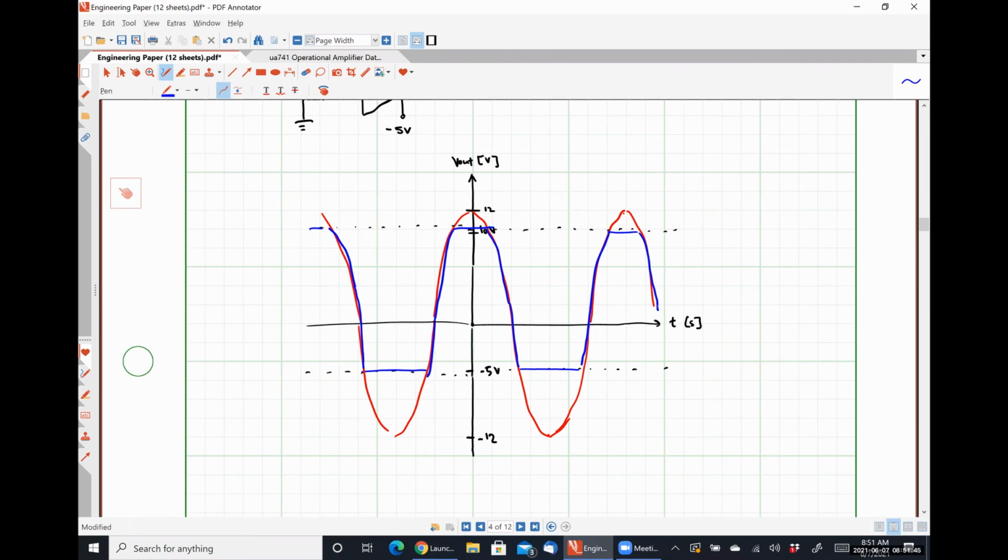And it's because you didn't have your power supply voltages set highly enough to accommodate for the amplification of the system, okay? So this would be what's considered asymmetrical clipping, because the magnitude of the clipping is different on each side of the positive cycle and negative cycle.